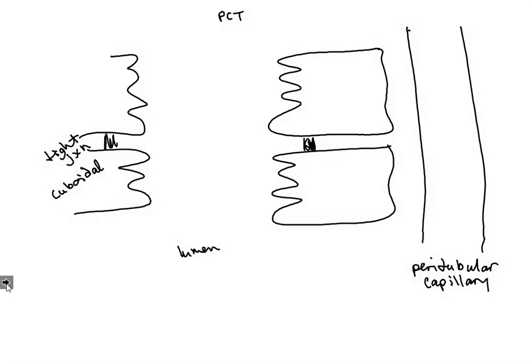There are several substances we're interested in here. One of them is sodium. And sodium will enter these cells by diffusion along its concentration gradient, and that concentration gradient is maintained by sodium-potassium transport.